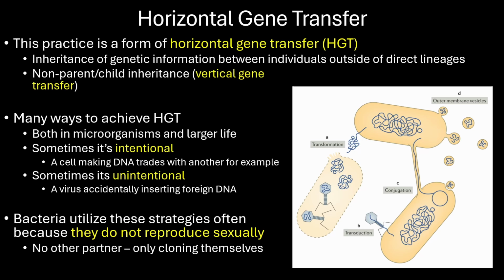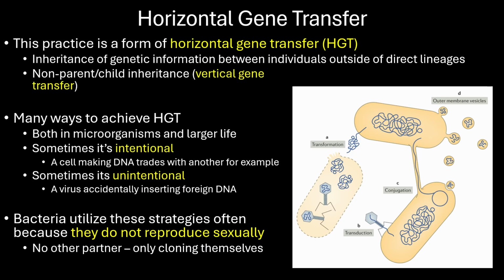But horizontal gene transfer is basically any other kind of transfer, when you move genetic information between individuals that currently exist. So two neighbors bump up next to each other and then pass DNA. They become hybrids of one another. They suddenly contain DNA that was once just in one of them but is now in both.